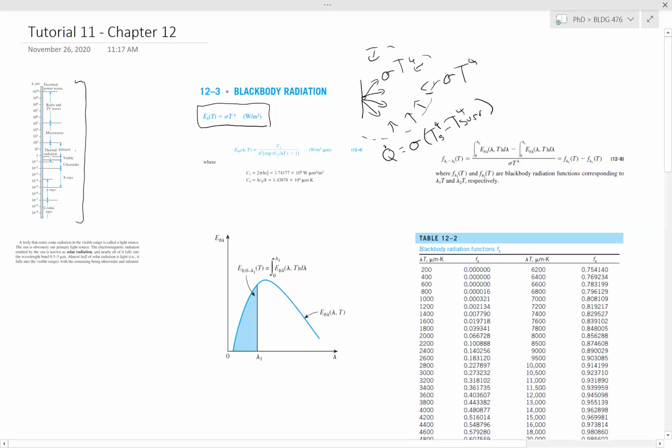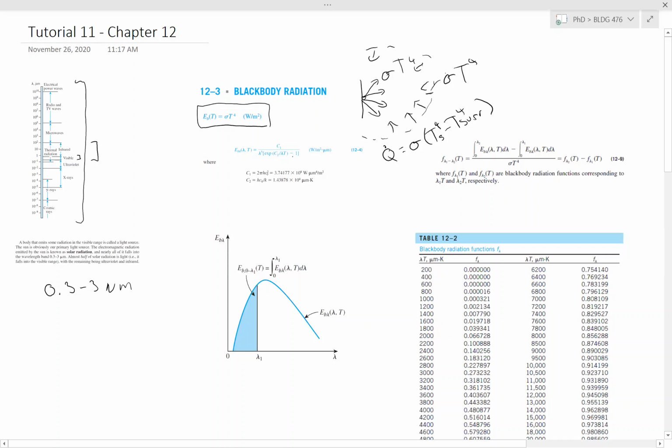In this class, for the most part, we're concerned mostly with thermal radiation, and for solar radiation, we're looking at 0.3 to 3 micrometers. Sometimes you might be interested in visible light, sometimes other things for different applications.